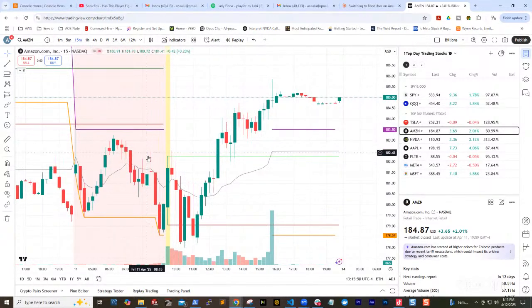The levels I'm watching for, when I think the stock is going to be green, are this green level and this purple level. So I know if the candle is above this line that I added here, and when the candle is here, I'm not going to buy.